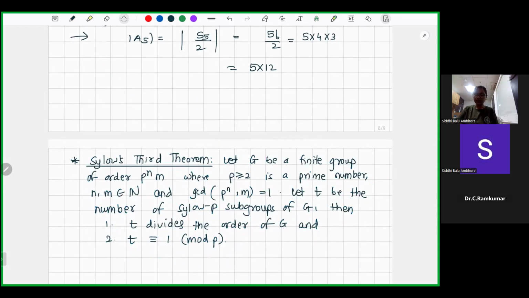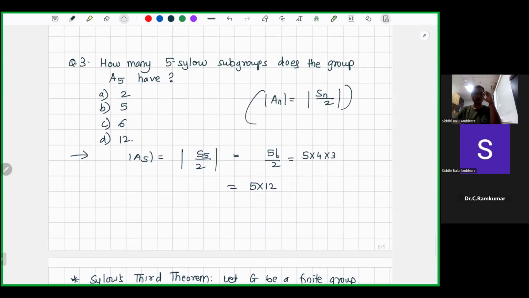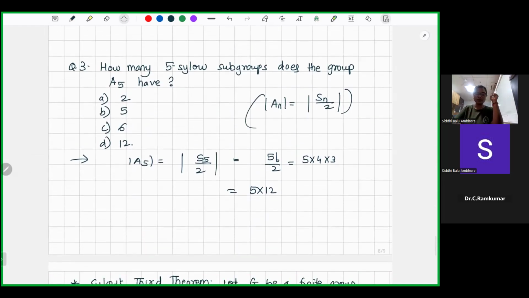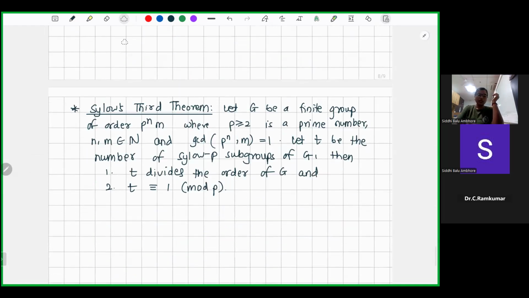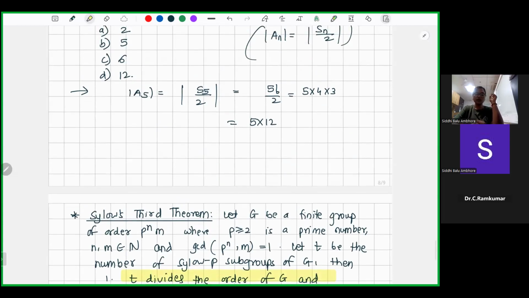This theorem says that if T is the number of Sylow P subgroups of G, then T divides the order of G and T is congruent to 1 mod P. Here the order is 5 into 12, so we have to check these two conditions. T divides the order of G, and T is congruent to 1 mod P. Here 2, 5, 6 and 12 all divide the order.